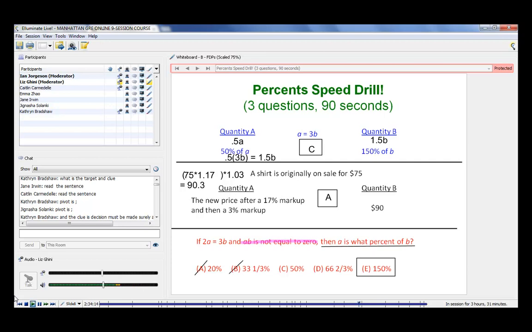The reason we did this one is the danger of plugging into the calculator before you've thought for a moment. You always want to take that moment to think, and that was very nicely done, Jane and Jignasha. A equals 3/2 b, or a over b equals 3/2.